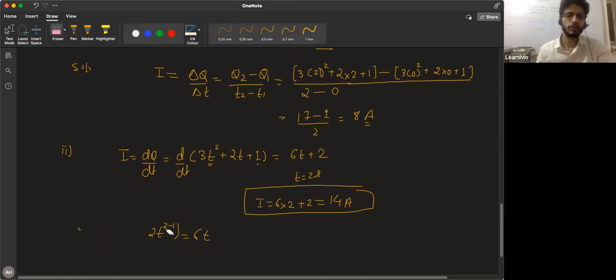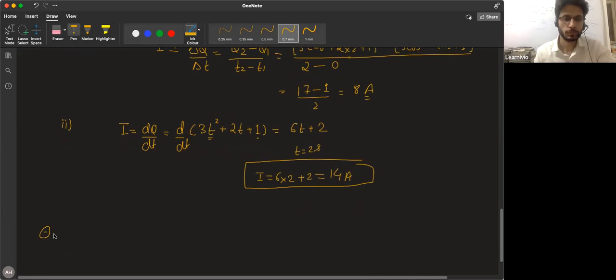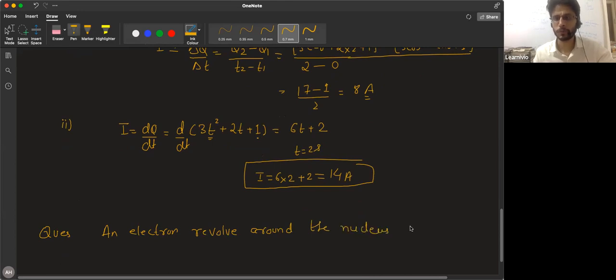After this question, there is one more question. An electron revolves around the nucleus with frequency nu.